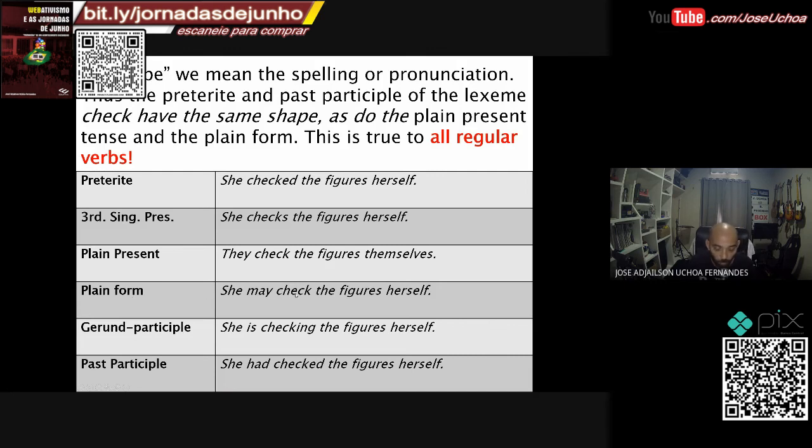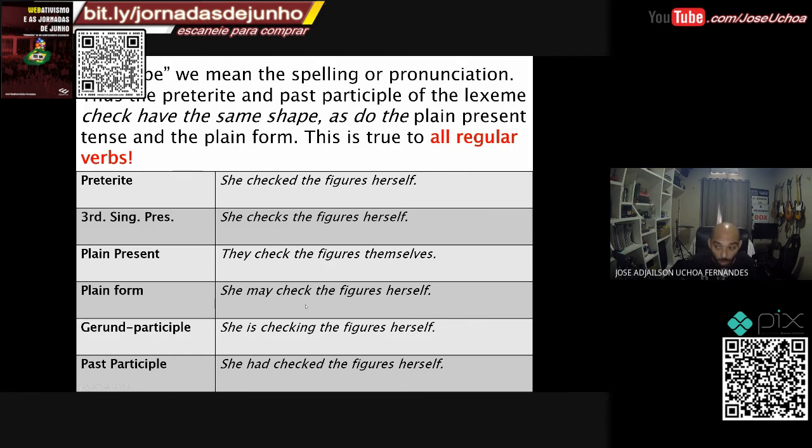É por isso que, apesar de ter 6 formas, eu tenho 4 shapes. Porque eu tenho 2 coincidências que são de spelling e pronúncia. Eu tenho a coincidência entre preterite e past participle, e eu tenho a coincidência entre plain present e plain form.